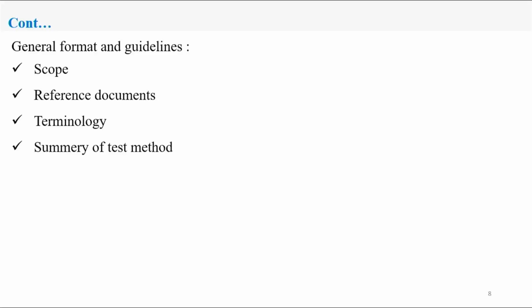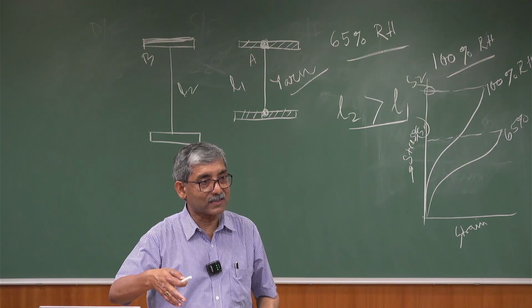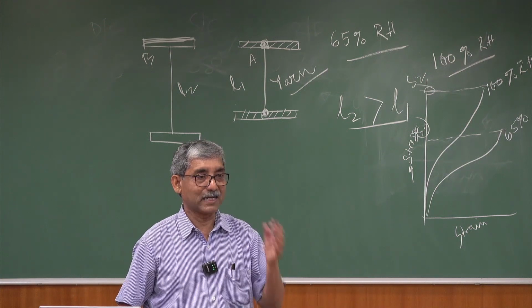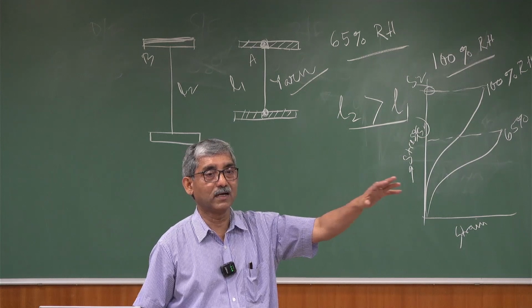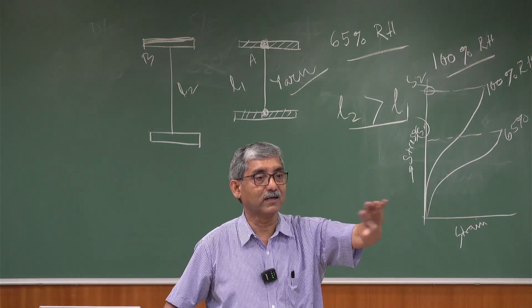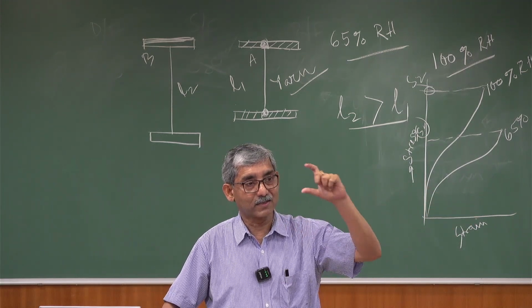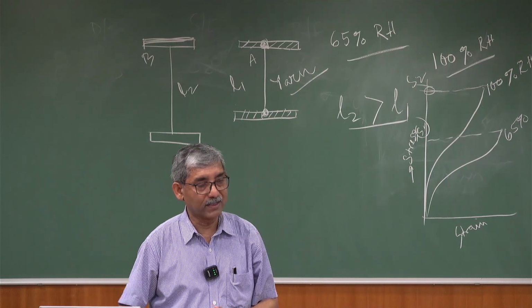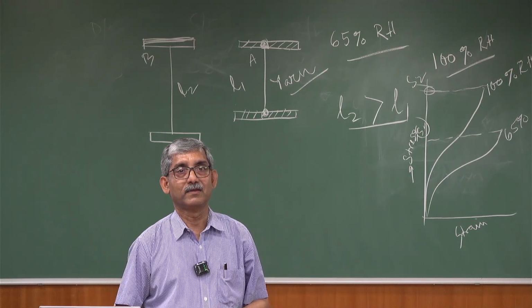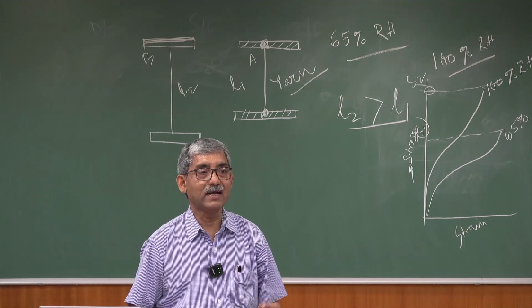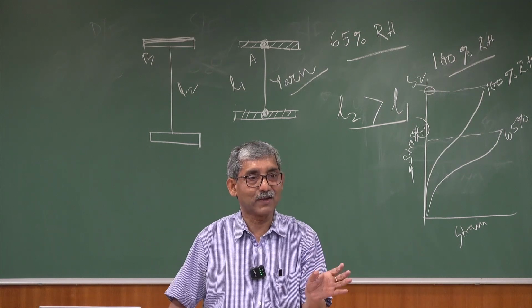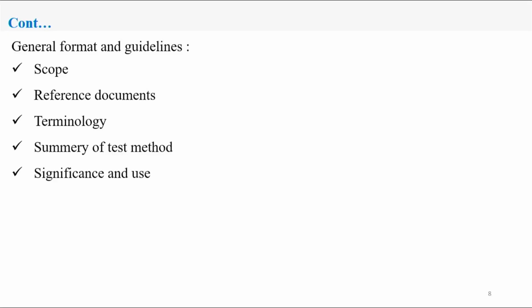The test method will not be discussed in detail, as it is given in other documents, but a summary will be there, then the significance and use. What is the significance of this test? This will be given.